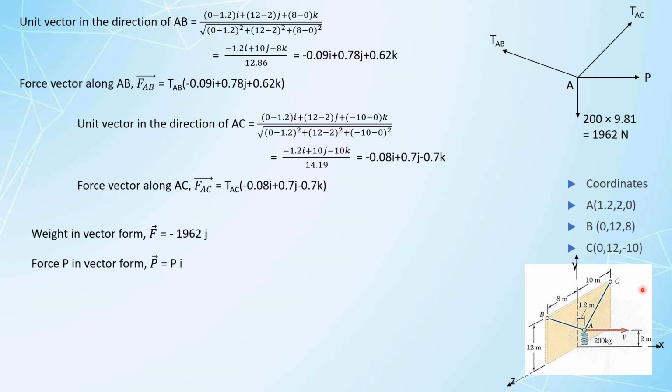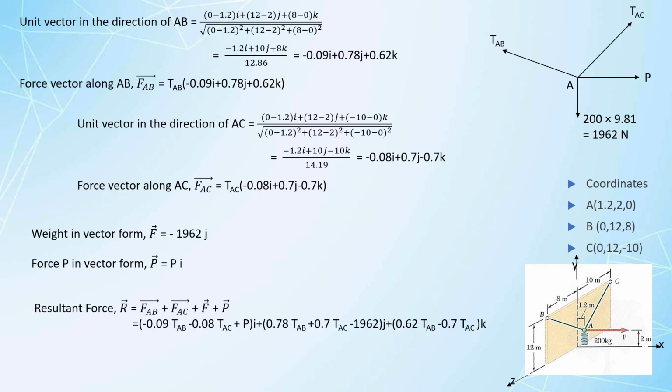So force P is written in vector form as P into I. So here we have represented all the four forces acting at A in vector form, and the resultant is obtained by adding all the I terms, J terms and K terms separately. So these are the four forces, and we have added all the terms separately. This is the resultant force.